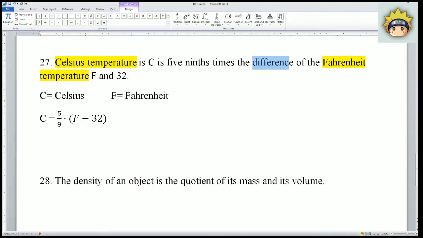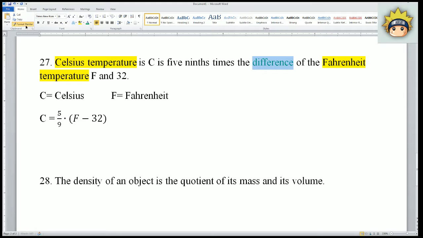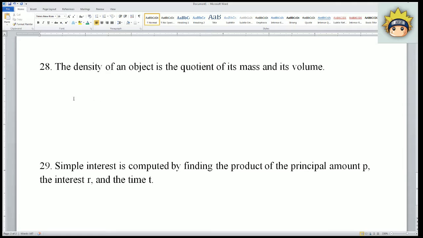Remember, it says difference. Do you see it says difference? That's why it's a subtraction. There you go. That is 27. Last one. Oh no, the second to last.